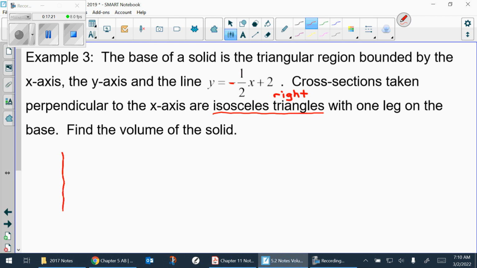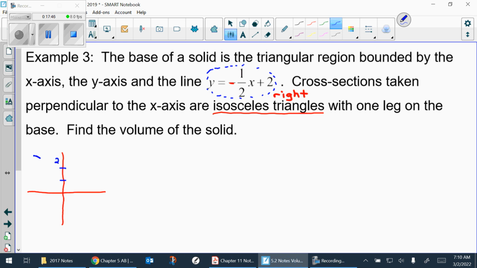So let's draw this. And I'm going to draw this figure here. Y equals negative 1/2 x plus 2. Now I know that that's got a y-intercept of 2. I know it's got the slope of negative 1/2.